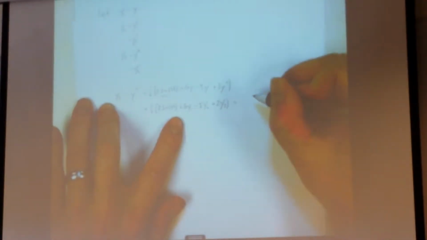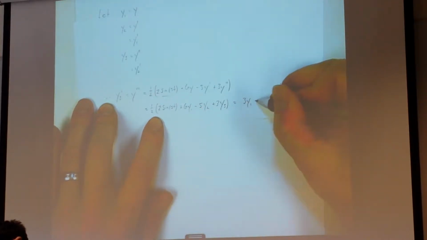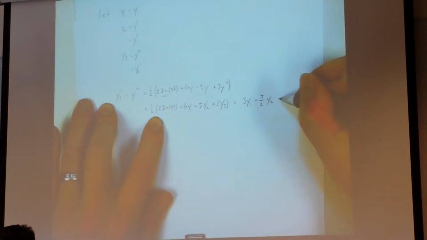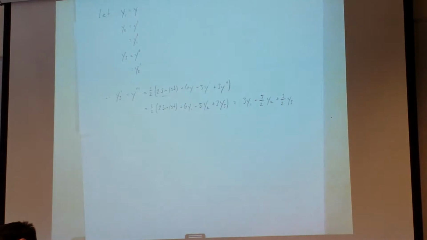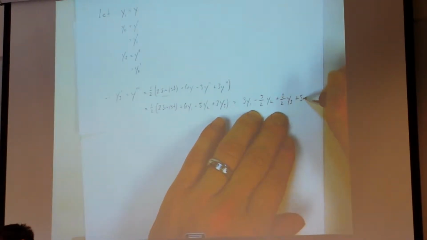I have 3y1 minus 5/2 y2 plus 3/2 y3. Oh, yeah, plus sine 5t. Don't want to forget about that.